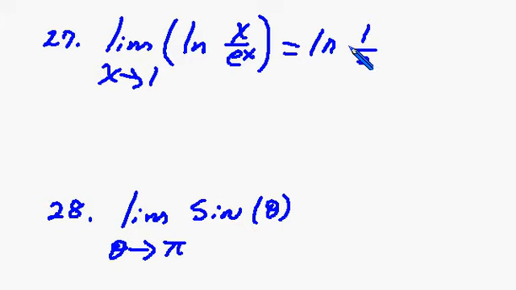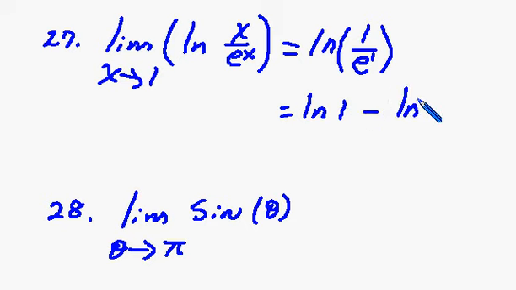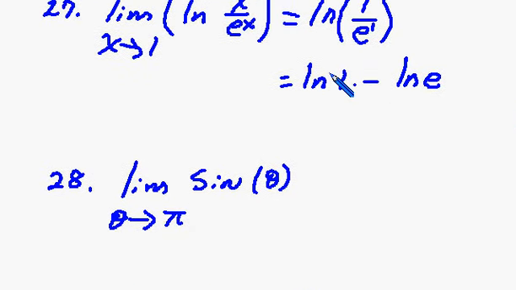Now, by the log properties, which you need to know, we can break this up as the natural log of 1 minus the natural log of e. Now the natural log of 1 just so happens to be 0. And minus the natural log of e is minus 1. And so this whole thing is equal to negative 1.